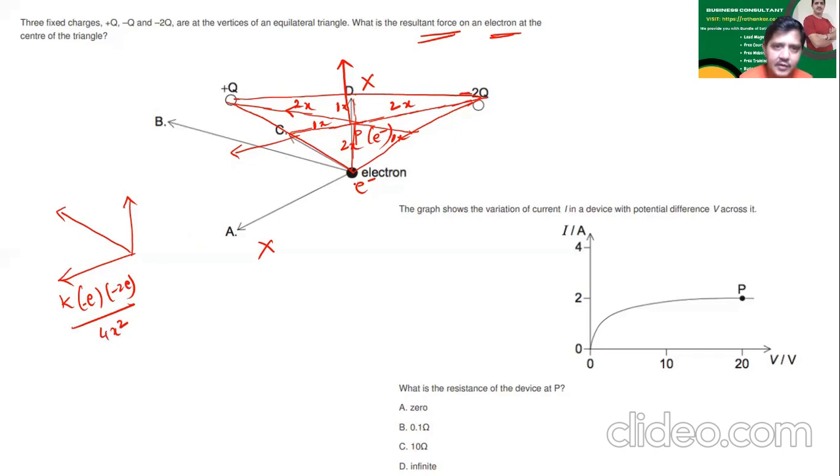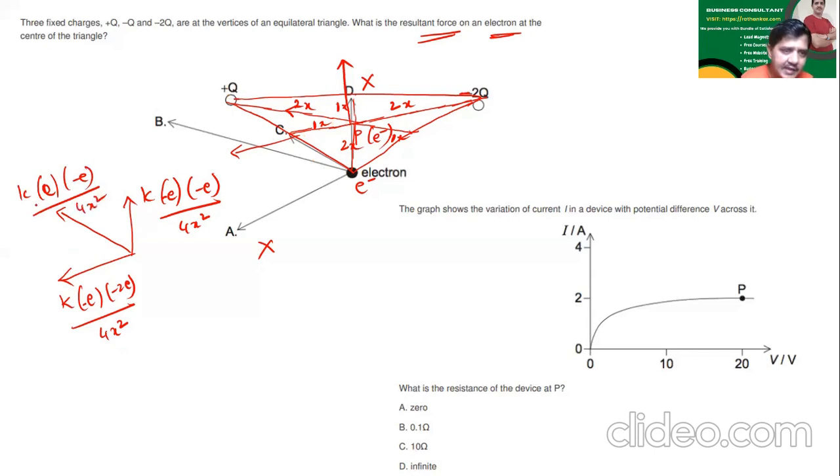Then the force due to this electron, in the upward direction should be K, then minus E divided by, once again, this is 2x, 4x square. Now, due to this direction, which direction is this? Plus q and minus q. So this would be, once again, k e, because plus e into minus e divided by 4x square. That's what we have.